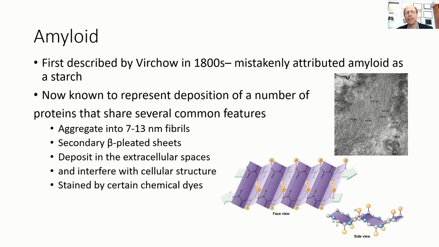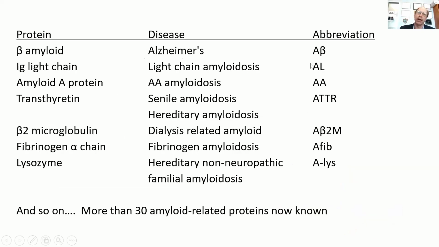Because of those chemical properties, amyloid stains with certain dyes that we can use in pathology to make these diagnoses. We know now that there are more than 30 amyloid related proteins, from beta amyloid associated with Alzheimer's, to light chain amyloidosis, to amyloid A protein, or transthyretin, which depending on whether it's mutated or not, could be senile or hereditary amyloidosis, and so on.